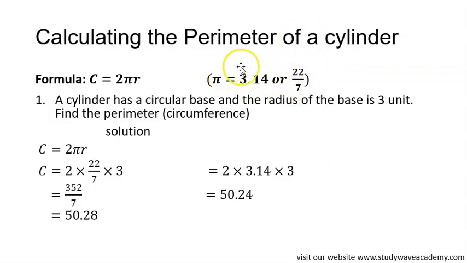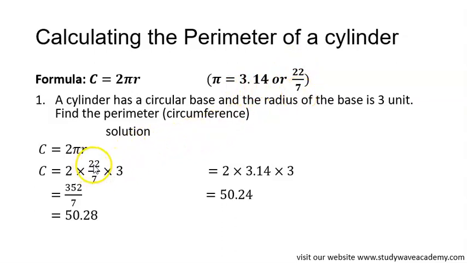Okay, so we're looking for the perimeter of a cylinder, or the circumference. We're going to be using this formula: C equals 2 pi r, and r is the radius. We're going to be inputting our numbers into the formula. C stands for the circumference, or the perimeter, and it equals 2 times pi. You can either use 3.14 or 22/7.